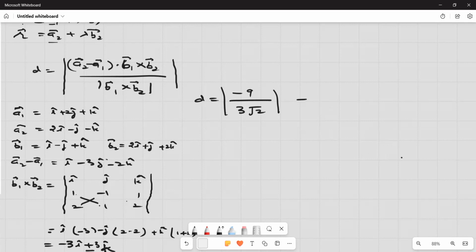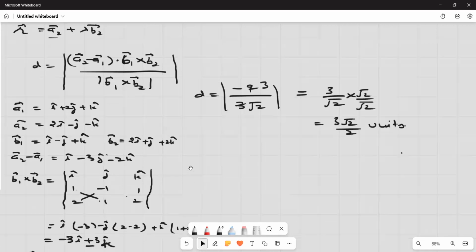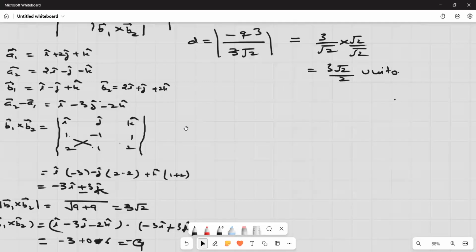So that is 3 by root 2, rationalize it. So this is 3 root 2 by 2 units. Distance is this much units, right? Here it was plus, but we had taken minus. So this is the distance.